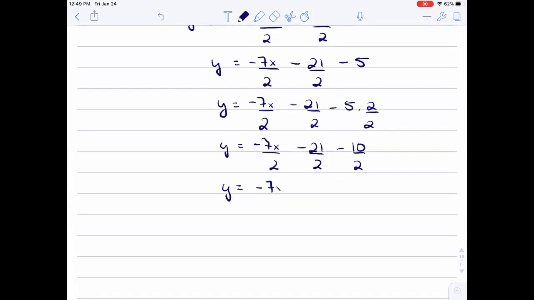Y is -7x over 2 minus 31 over 2. And as far as I know, there's no simpler way to write that, so I'm just going to leave it. So the slope is -7 over 2, the y-intercept is -31 over 2. Nice work, guys.